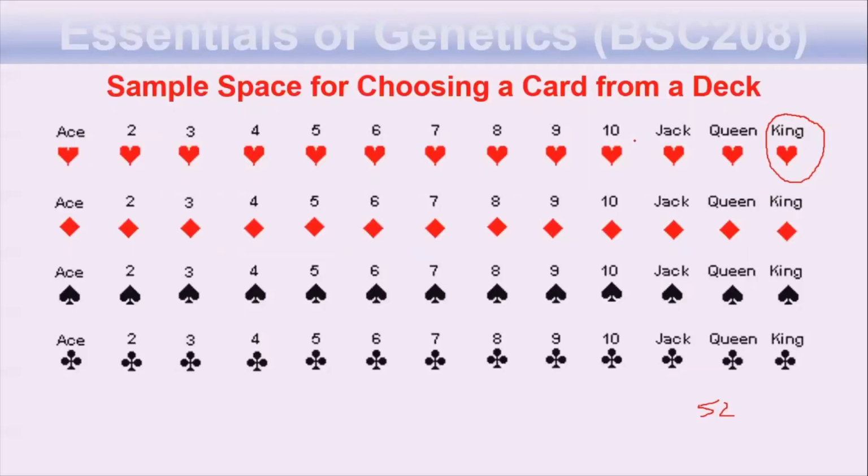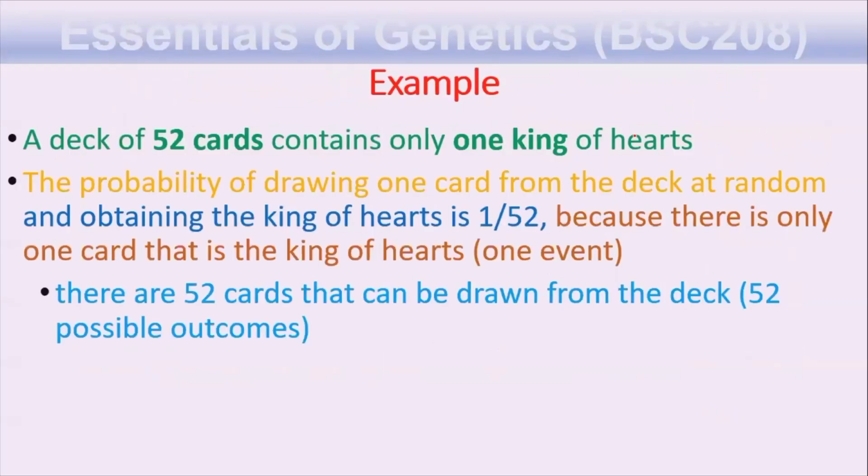In this figure there are 52 cards. If you want to draw any one card, you can calculate the probability of drawing that card from the whole bunch of cards. So this is the total sample space for choosing a card from the deck.